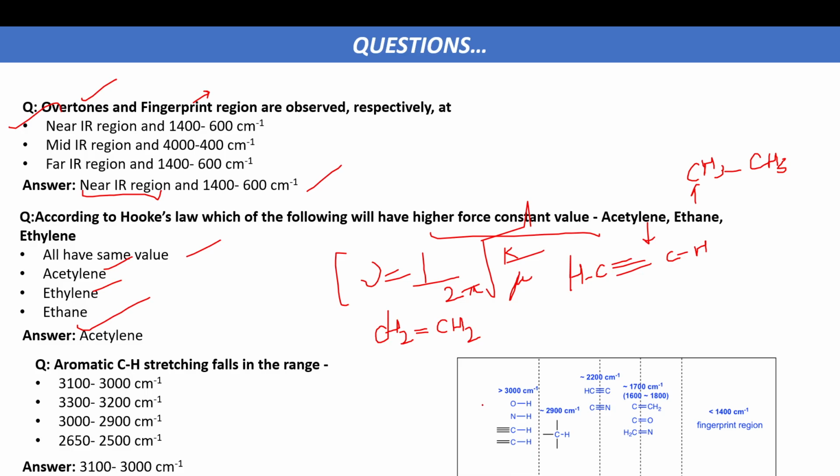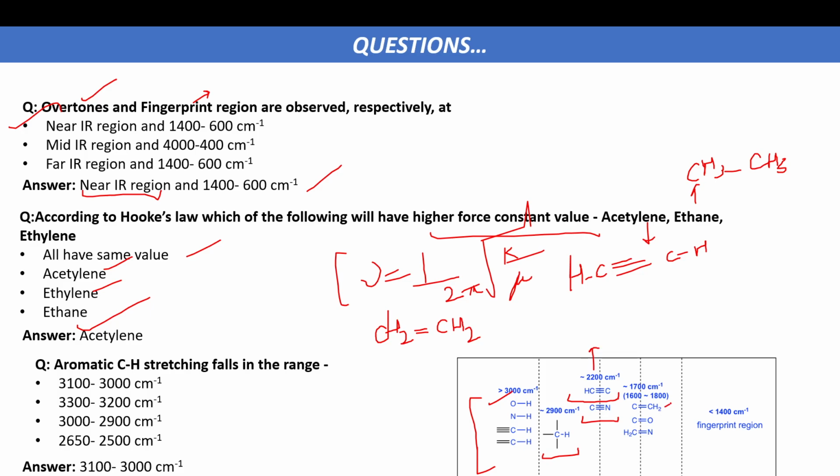So just remember for the IR, if you are having an OH, NH, triple bond CH and double bond CH, in this case the wave number will be in the range of greater than 3000 centimeter inverse. When you have the CH stretch, then it will be nearly 2900. When you have C triple bond C or nitriles, then it will be nearly 2200.